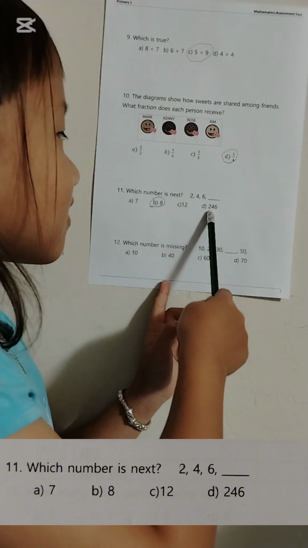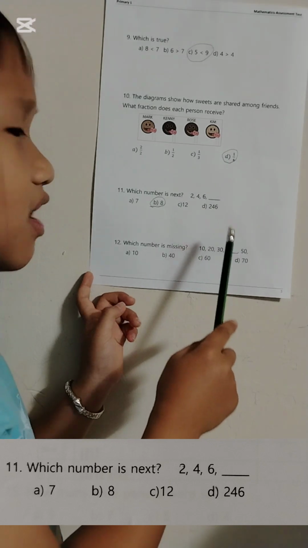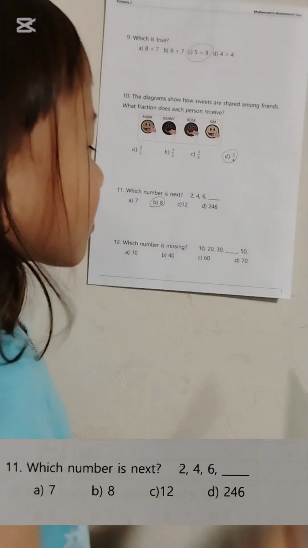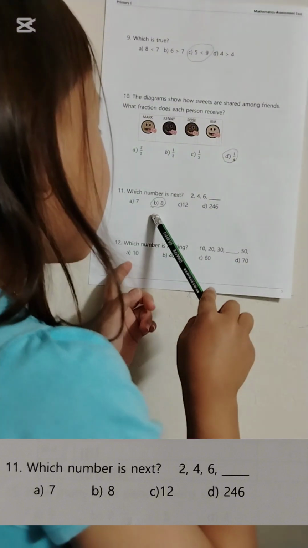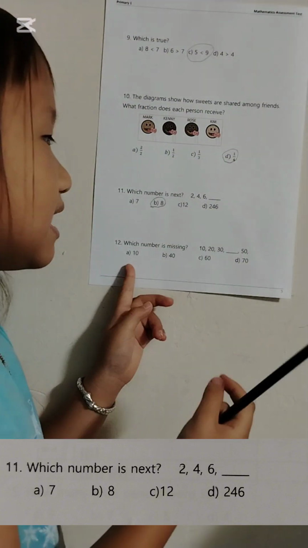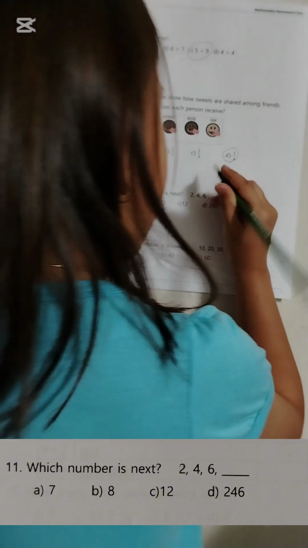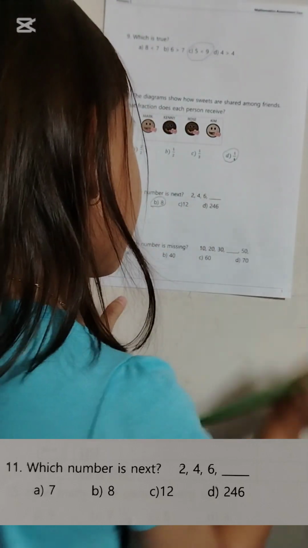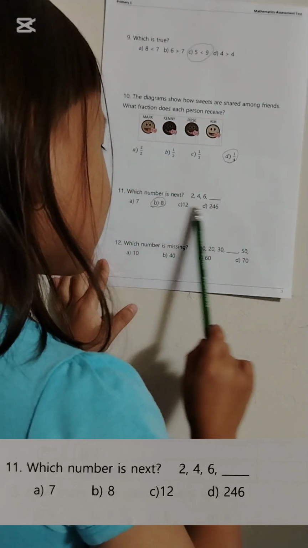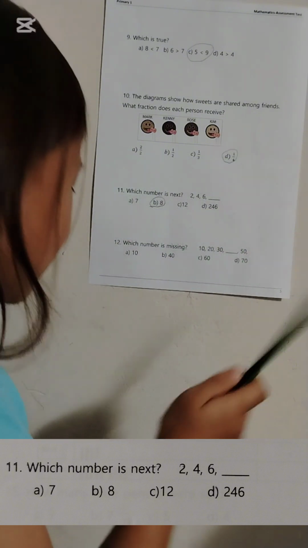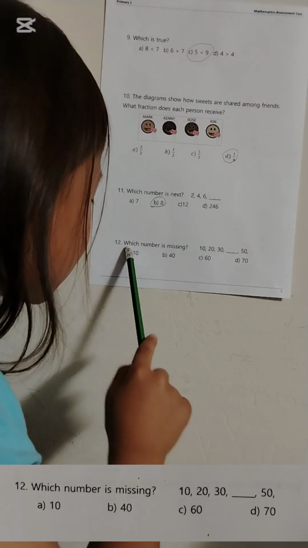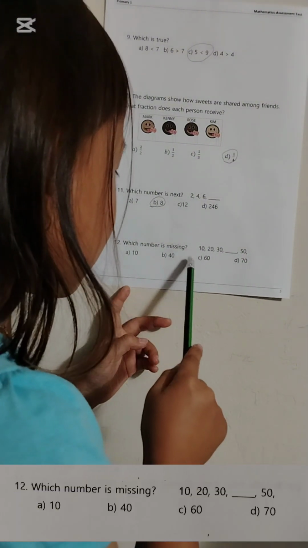And this 246, we need to plus even more. And the correct answer is 8. 8 right here is the correct answer because none of them is the correct answer except B.